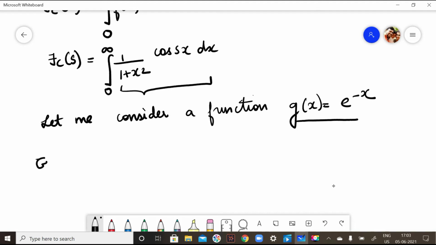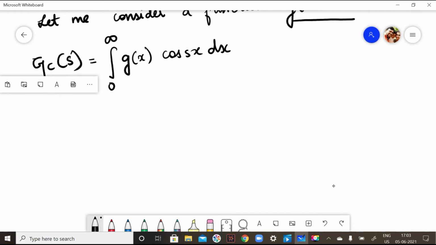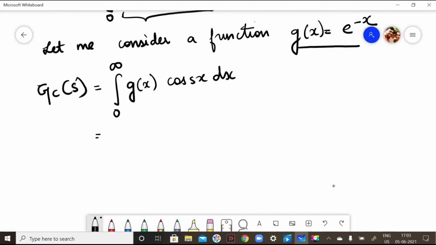The Fourier cosine transform is Gc of s, because the function is g of x, equal to the integral from 0 to infinity of g of x cos sx dx. First let me solve this. So the integral from 0 to infinity, what is g of x? e to the power minus x cos sx dx.